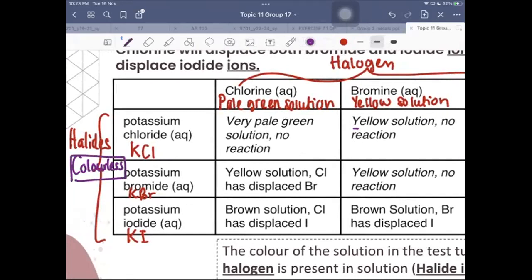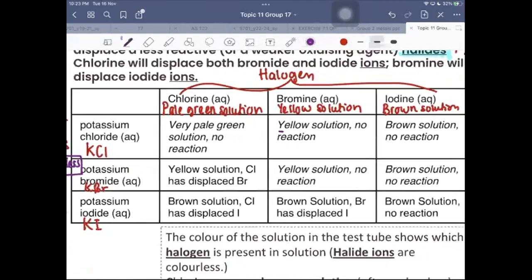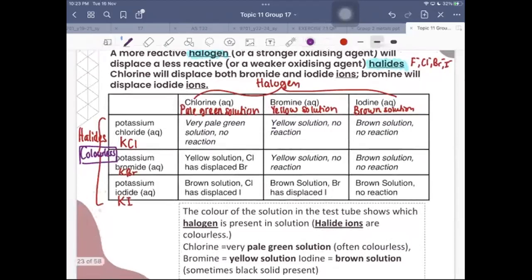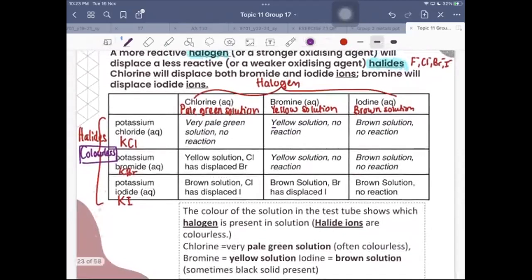No, potassium bromide is colorless, not yellow. Potassium iodide is also colorless, not brown. So how can you confirm when there's a reaction happening? Because the only indication for you to know whether a reaction has happened or not in this displacement reaction is by looking at the color change.